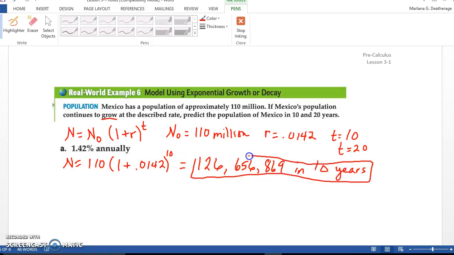Now we've got to do it for 20 years. So basically it's going to be the exact same formula. N equals 110 times 1.0142 to the 20th power, because that's what 1 plus 0.0142 is. So if you put that in your calculator, what do you get?